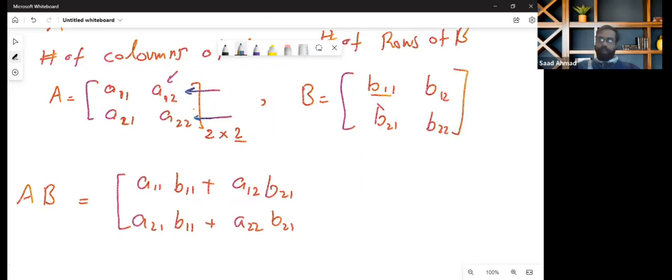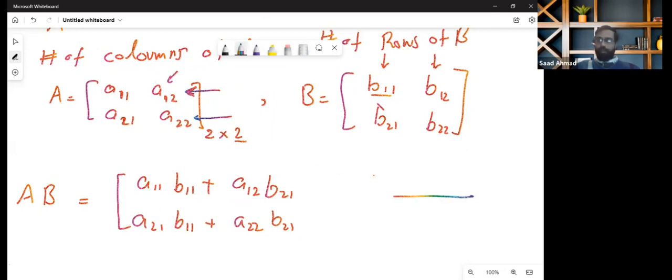Once we are done with the first column, look back at the first row. First we multiplied it with the first column, then we gave the entry its place, and then we take the first row again and multiply it with the second column, and it will come here.